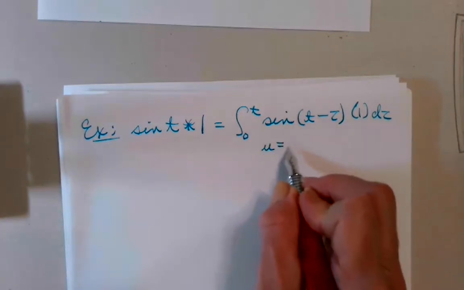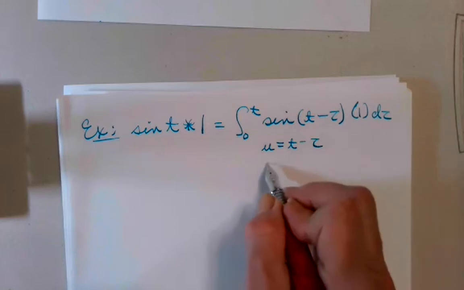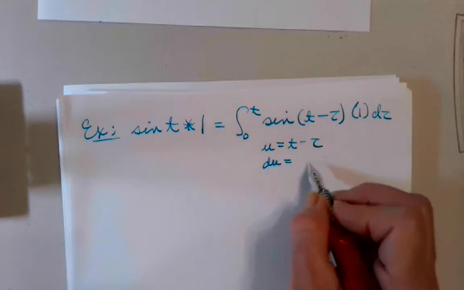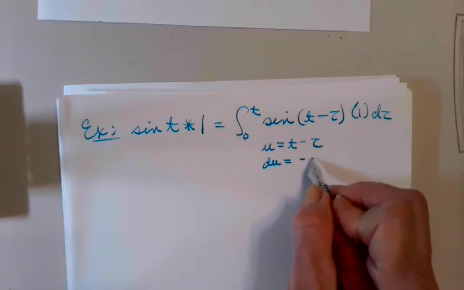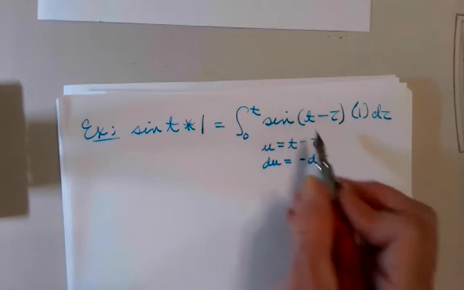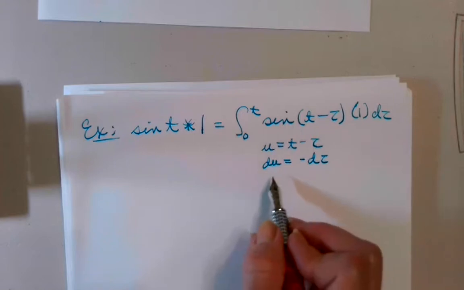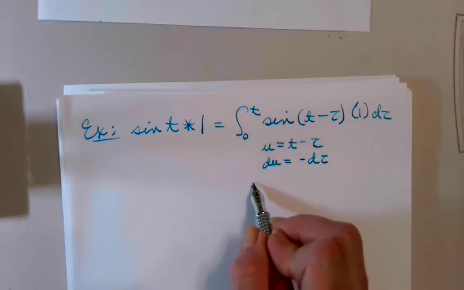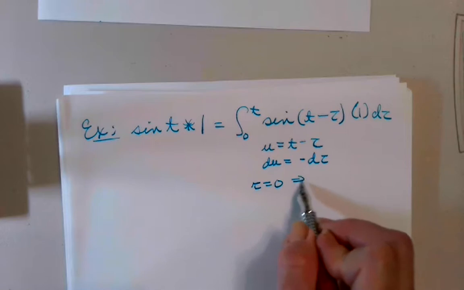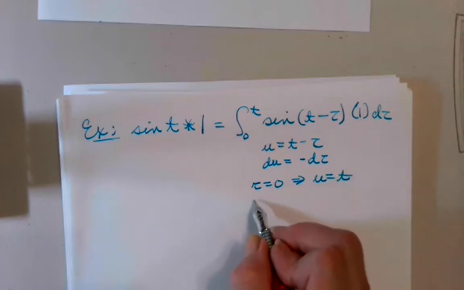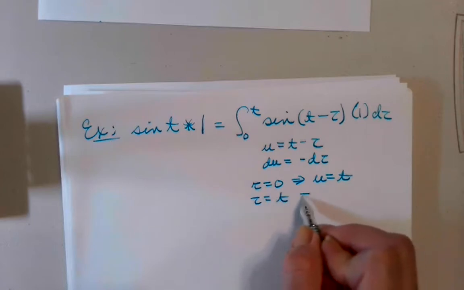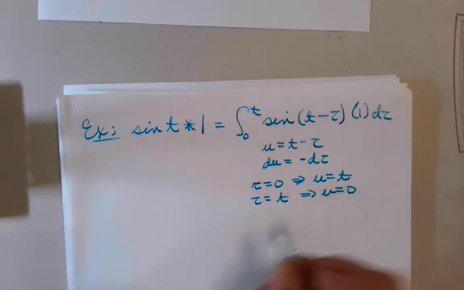I let u be t minus tau. Then du is minus d tau. Okay, and if tau equals 0, that says u is equal to t. And if tau equals t, that says u is equal to 0.